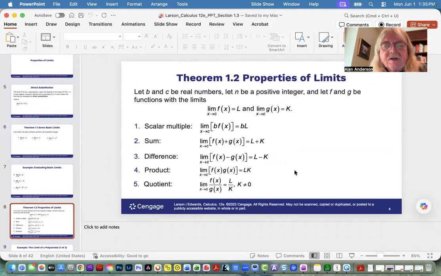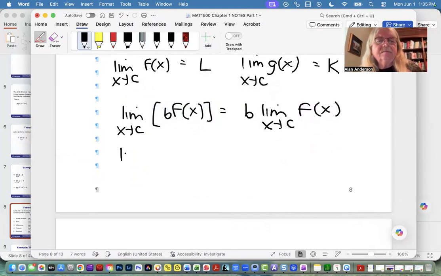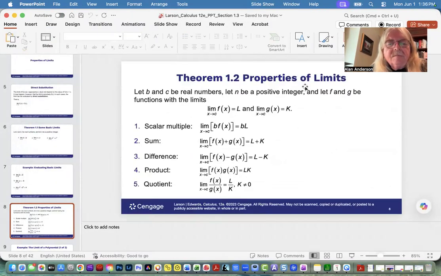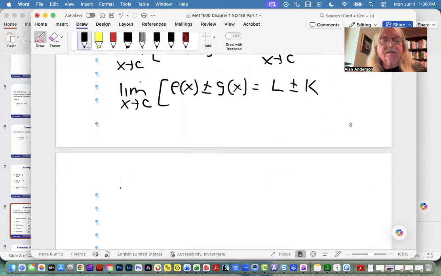For addition and subtraction, it's exactly what you'd expect. In fact, I'm going to consolidate these into a single statement, which means if I'm adding, then I get L plus K. If I'm subtracting, I get L minus K. Multiplication, same thing. It's just exactly what you're thinking.